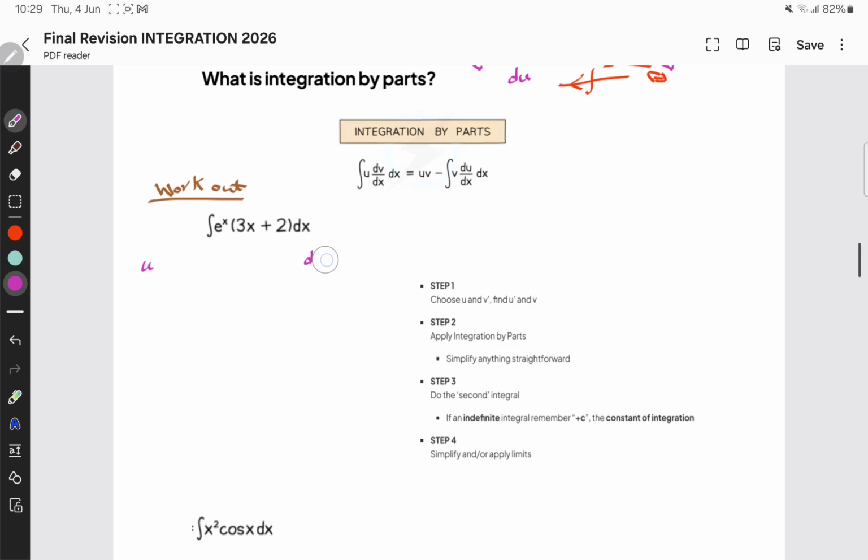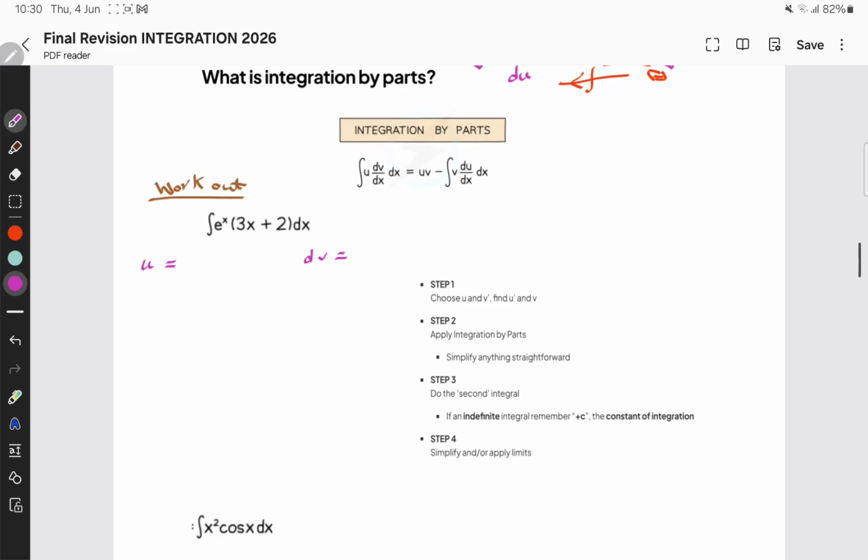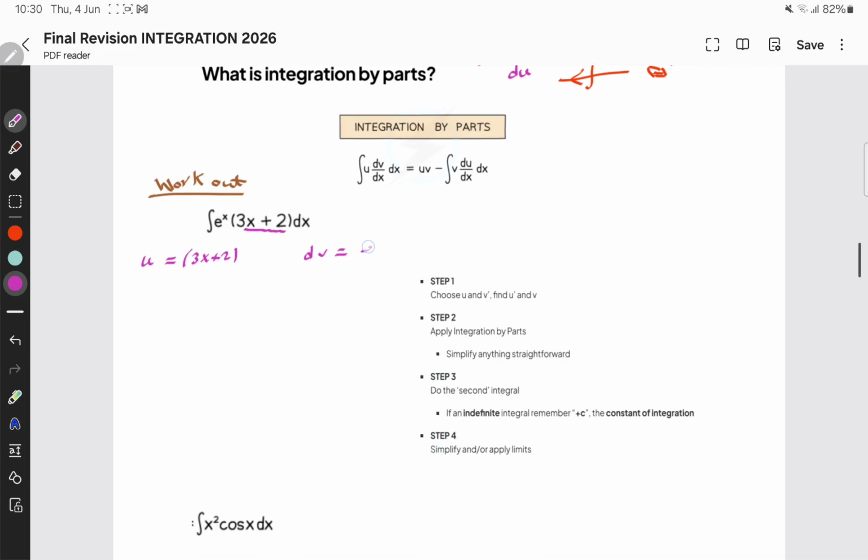Which one is easiest in differentiation here, u or dv? I think that bracket. So I will take it 3x plus 2. And here e to the x, with respect to x.